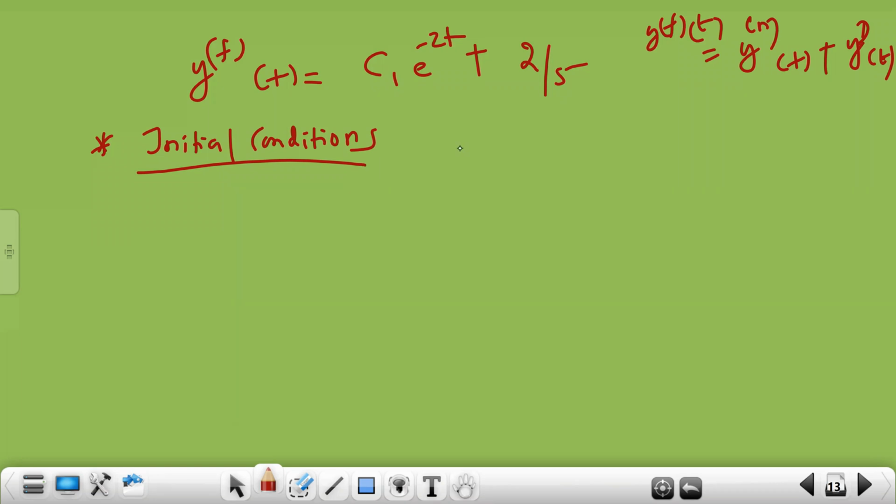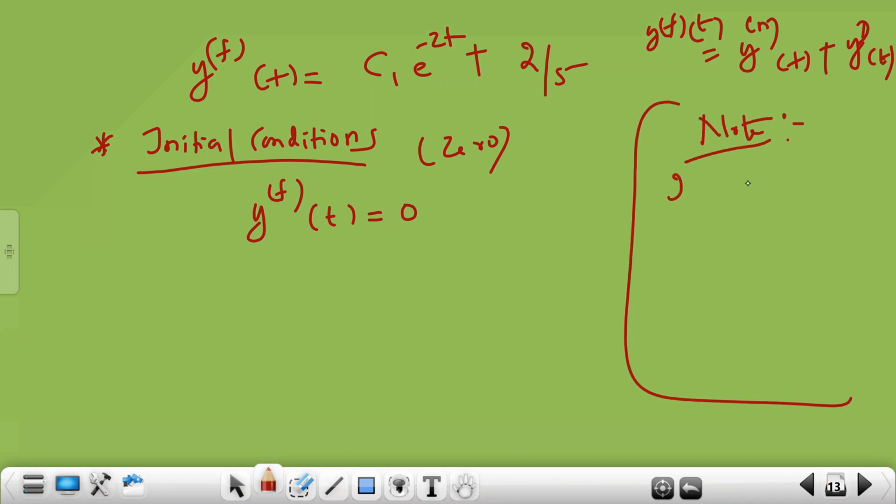So you can write y f of 0 as 0. You can assume y f of 0 as 0 as the initial condition. If it is not given, we have to assume it as 0. Please make a note of it. If initial conditions are not given in the question, then we must assume it as 0.